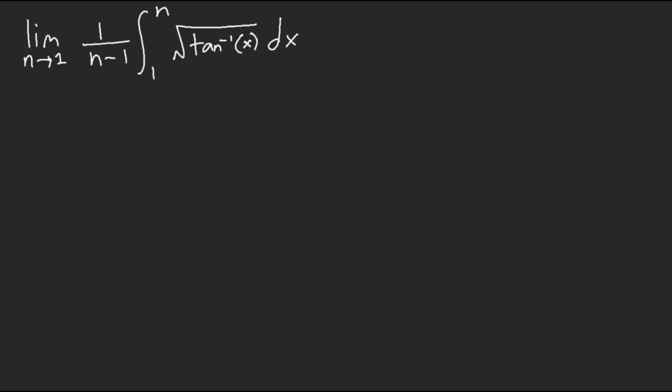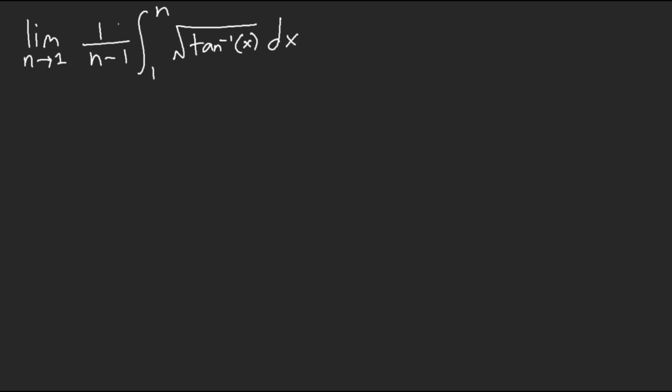The first level of dealing with limit integrals is L'Hopital's rule. That is the easiest type of limit integral we can have. How is this L'Hopital's? Well, if you plug in 1, you get 0 at the bottom.